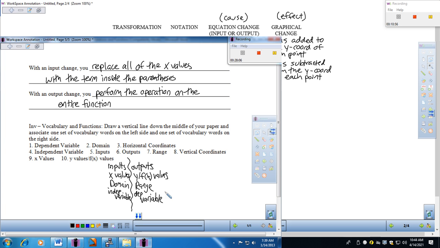And then the last one: when we start analyzing graphs, we'll do some of that in tomorrow's lesson with domain and range, and then in future lessons dealing with transformations of functions. The last set I see is horizontal and vertical. Don't forget, when we're talking about x values on a graph, we're talking about the horizontal component of the graph. So let's put that one piece in. x represents the horizontal coordinates graphically, and of course y represents the vertical component, or the vertical coordinates, of the graph.